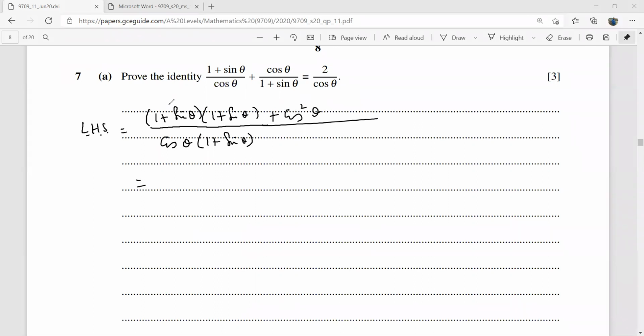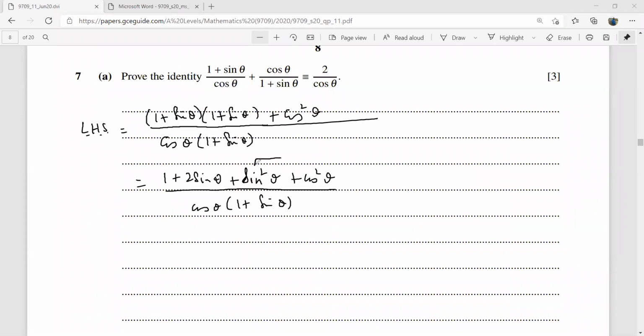So you see this is a square, this is 1 plus 2 sine theta plus sine square theta, and then plus this cos square theta divided by cos theta into 1 plus sine theta.